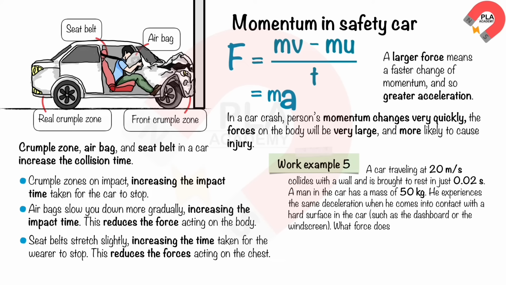What force does the person experience? To find the force acting on the person, we use this equation. We substitute m is 50 kilograms, v is 0 meters per second, u is 20 meters per second, and t is 0.02 seconds. So, the resultant force is 50,000 newtons.